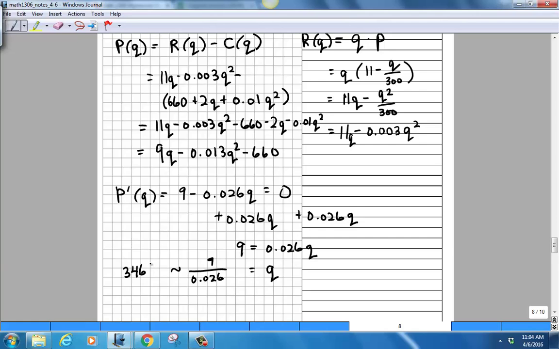So what is 9 divided by 0.026? 346.154, which is close to 346. So it looks like the profit is maximized right there at 346. Okay, that's our answer.